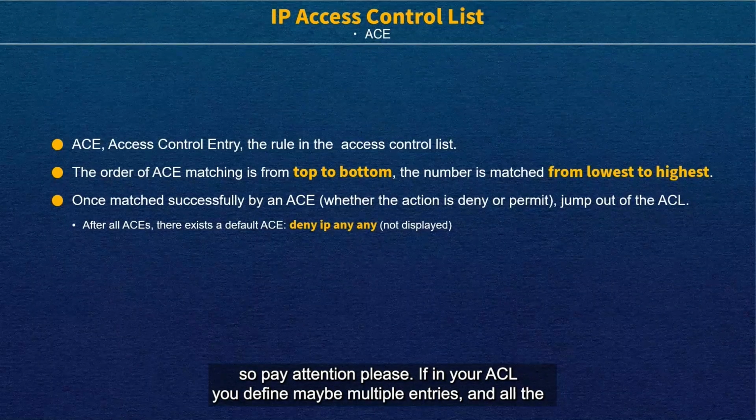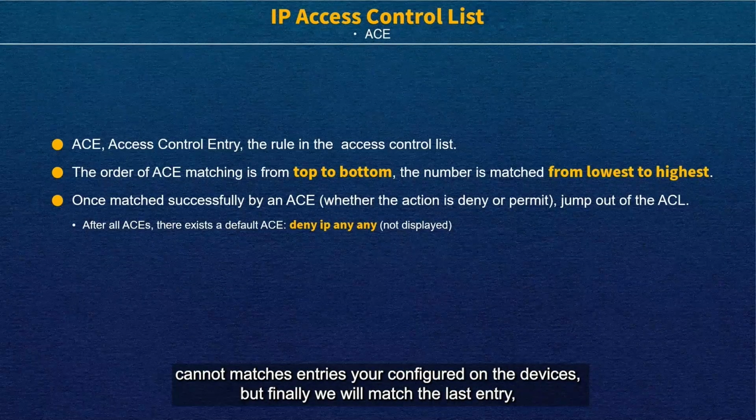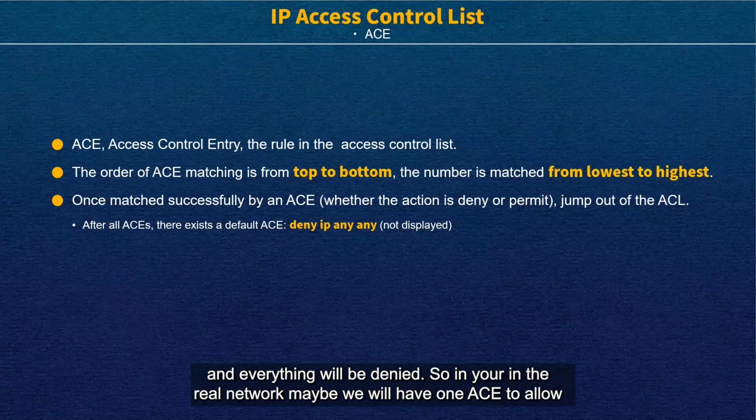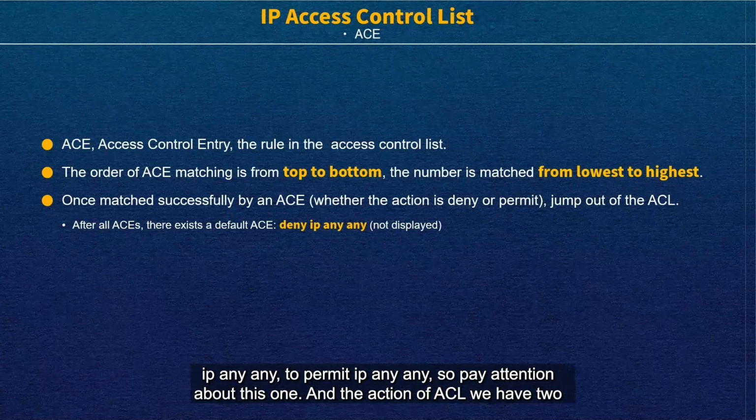If in your ACL you define multiple entries and all the entries are deny, that means you will discard everything, because some traffic may not match the entries you configured on the device, and finally it will match the last entry and everything will be denied. So in a real network, maybe we will have one ACL to permit IP any. Pay attention to this one.